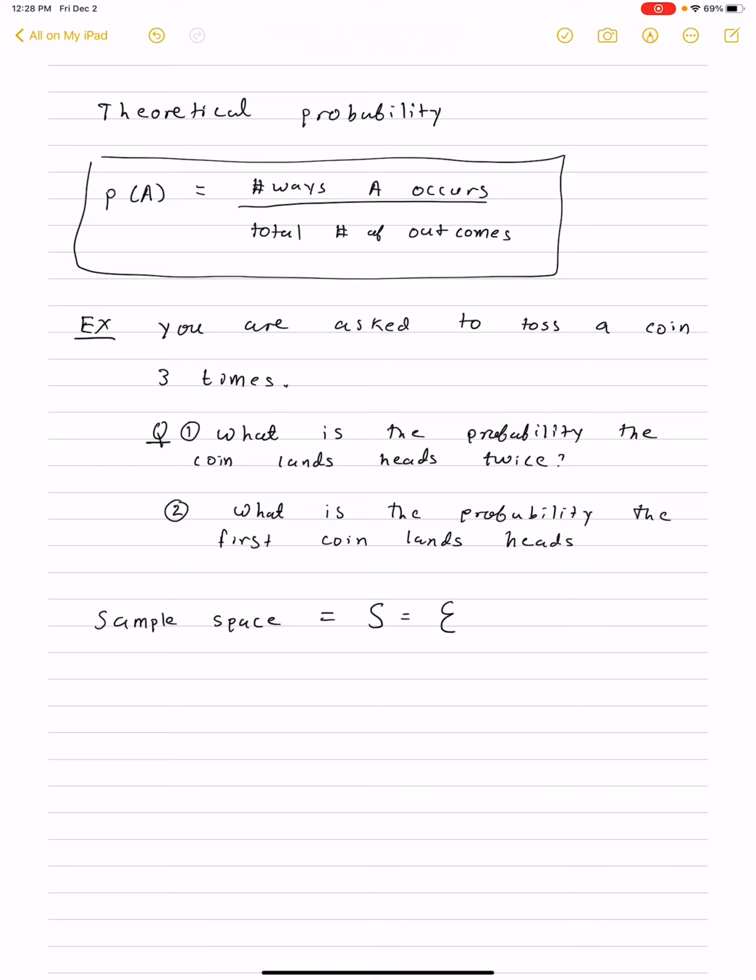So here it can be that the first coin lands heads, the second toss lands heads, the third toss lands heads. Then we're going to start enumerating all of them. So now I'm going to have the last one land tails, and we're going to keep enumerating.